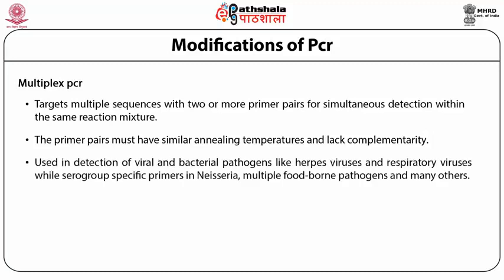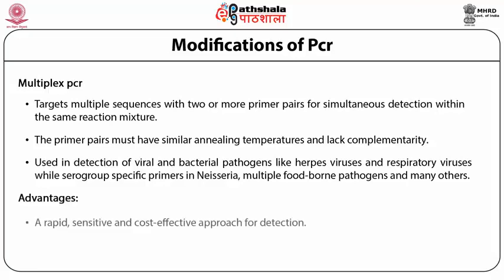It is used for detection of viral and bacterial pathogens like herpes viruses, respiratory viruses, where serogroup-specific primers are used in Neisseria. Multiple foodborne pathogens can also be detected in one go using multiplex PCR. The most important advantage of this method is that it is a rapid, sensitive, and cost-effective approach for detection.